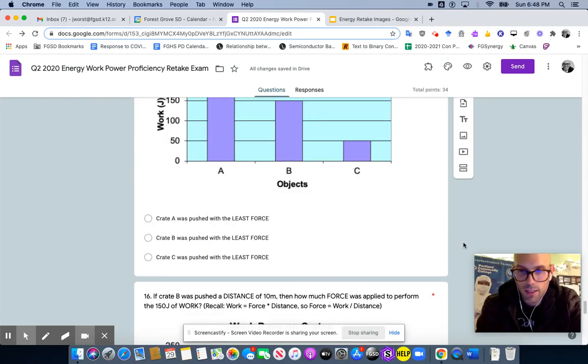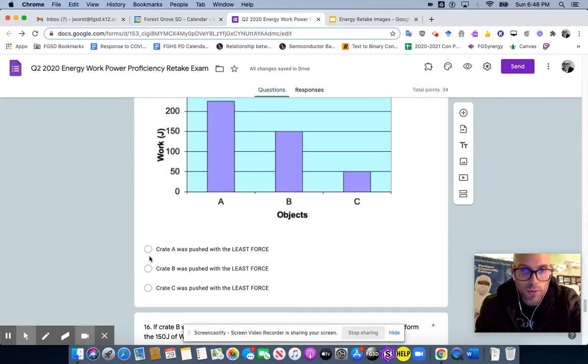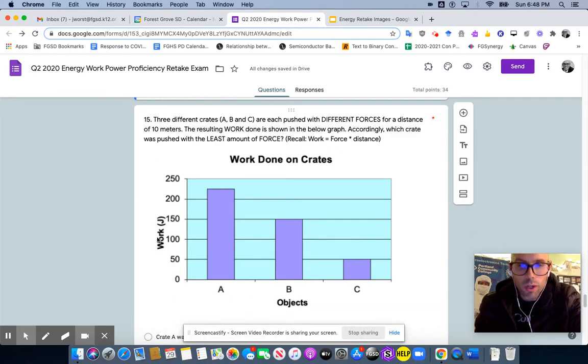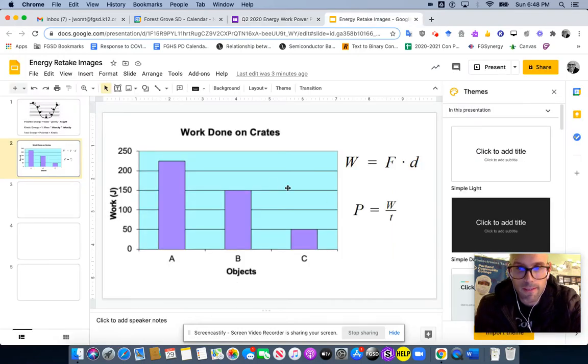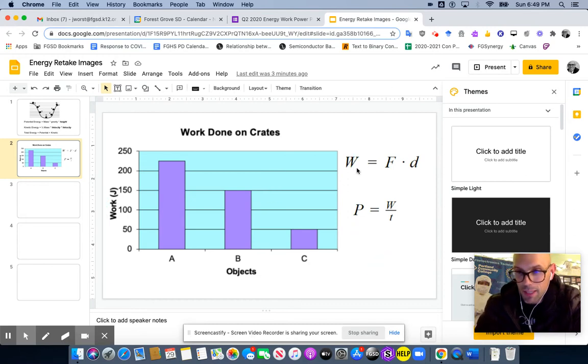Okay, so down here, we give you all 3 crates. Crate A was pushed with the least amount of force. Crate B was pushed with the least amount of force. Crate C was pushed with the least amount of force. What you need to know is, how does work and distance relate to force? Okay, so we want you to recall up here, work equals force times distance. So if you look over here, I copied some things over.